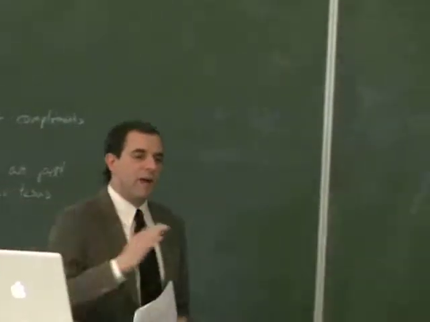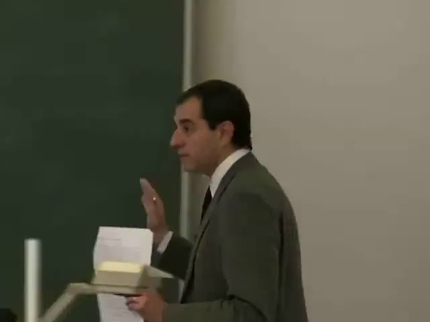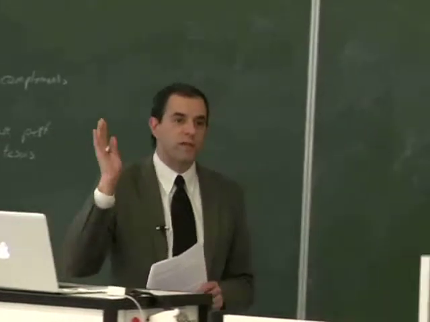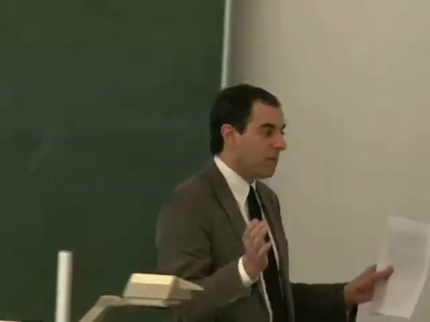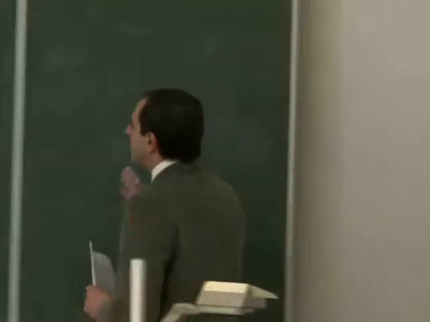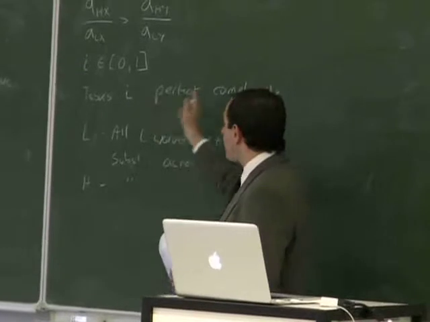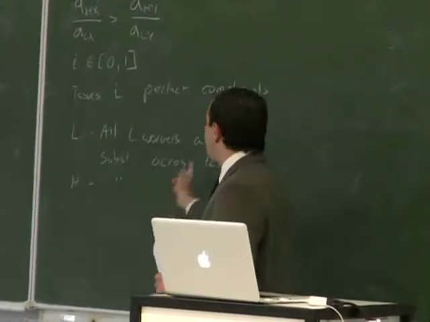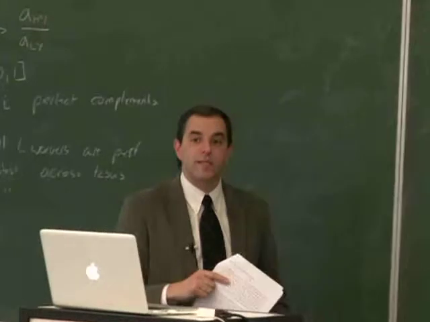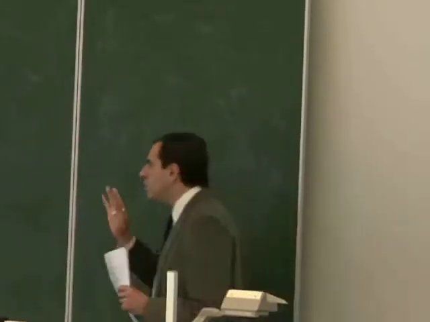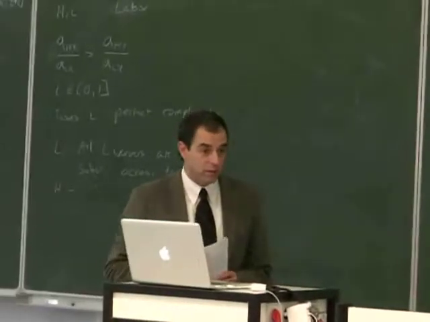So in other words, if L workers do these tasks, although the tasks differ in their degree of routineness, right? But all L workers perform them equally well, so there's no notion of some L workers are better at the more routine tasks and some are better at the less routine tasks. All the tasks need to be done, they're perfectly complementary. So they're distinctive in their quality, but they're perfectly complementary in their productivity, and then there's perfect substitutability of workers' skills within a skill group L or H across tasks. So those are a pretty extreme set of assumptions, okay? And I think you need to be clear on that.